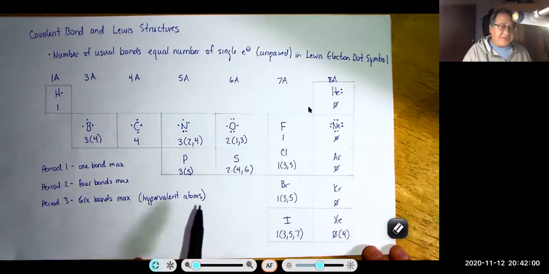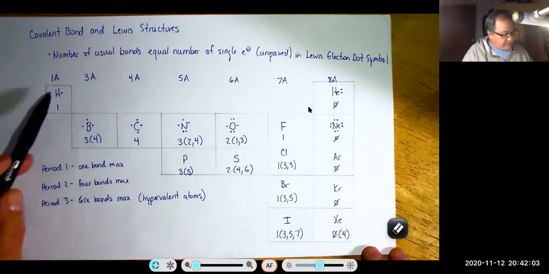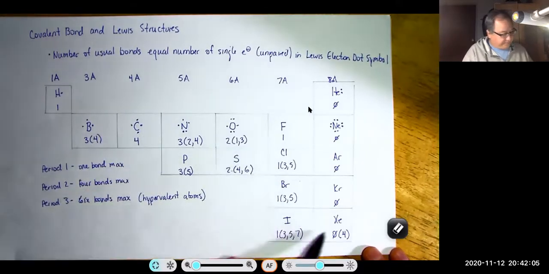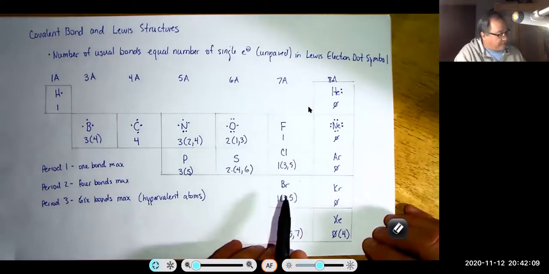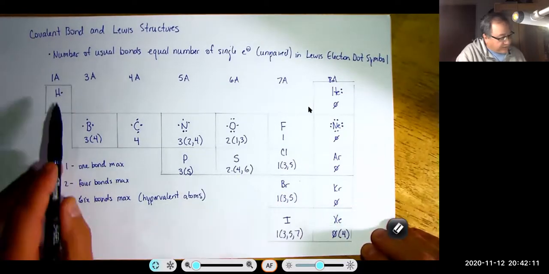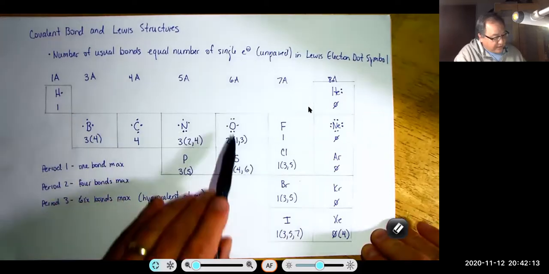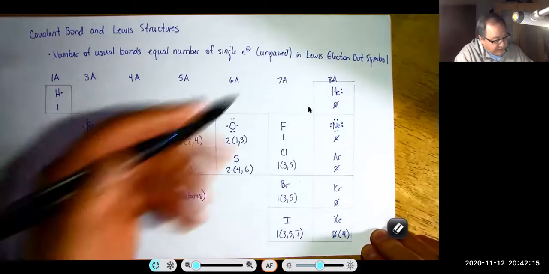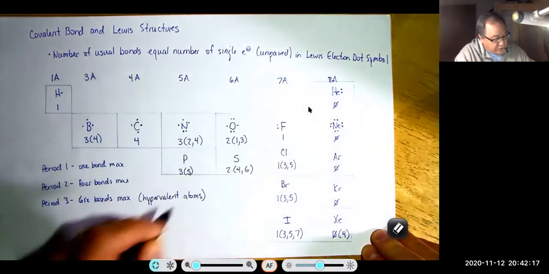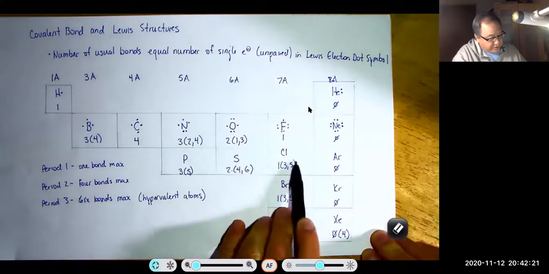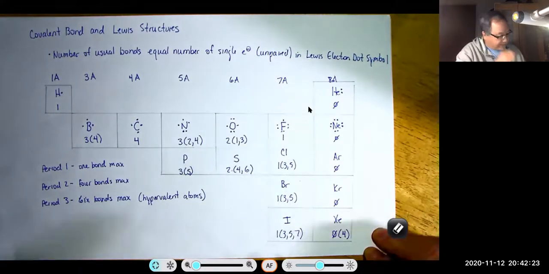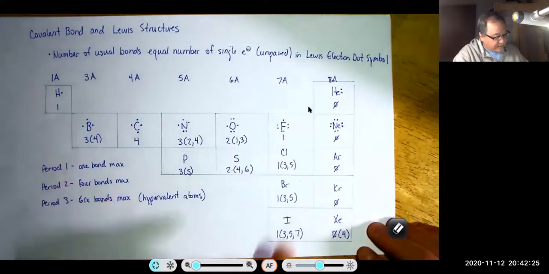Right here, this is just a list of the non-metal atoms of interest to us, the ones that are most likely going to be participating in covalent bonding. It shows their electron dot symbols, at least for periods 1 and 2. And I've left them off for periods 3, 4, and 5 because we know that the electron dot symbols are the same as you go down.